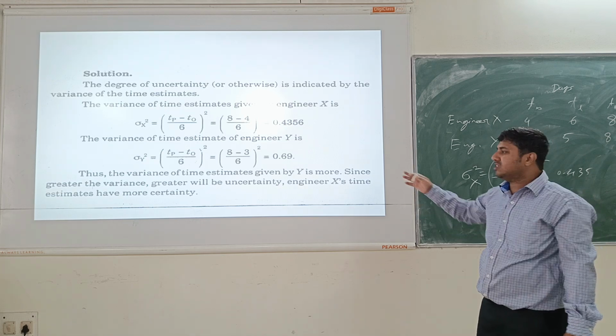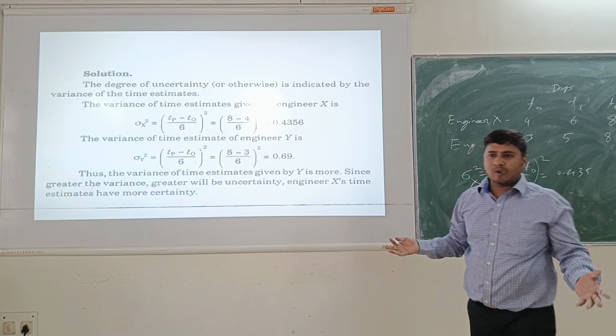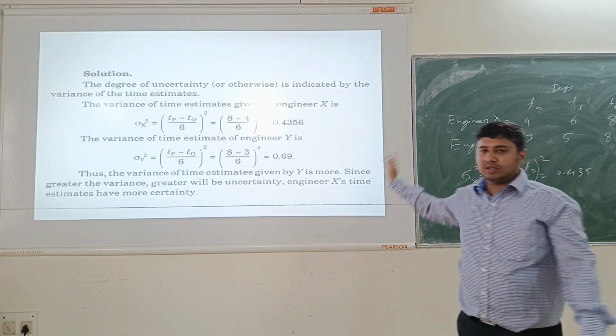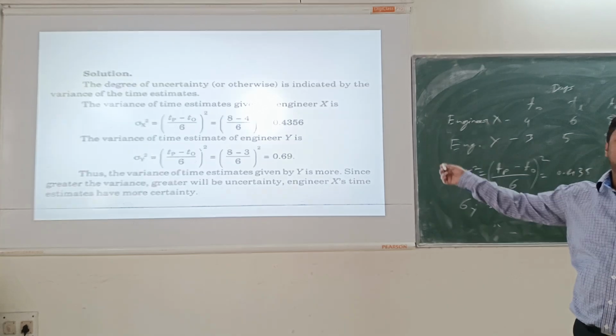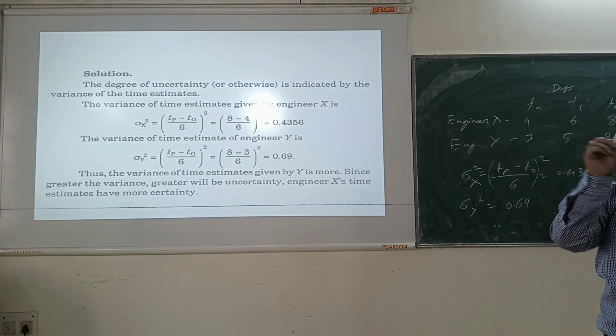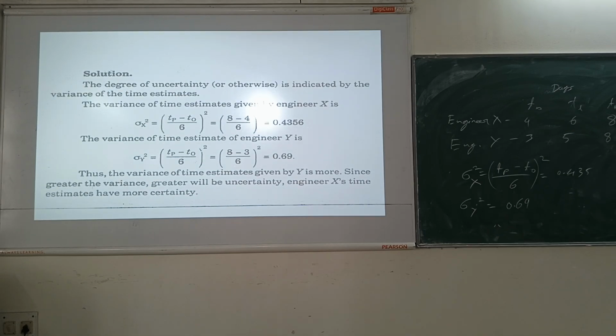Y is more uncertain about the project because the time range is more. Simple arithmetic. Understood the concept? By using variance, we can say which project is more certain and which is more uncertain.